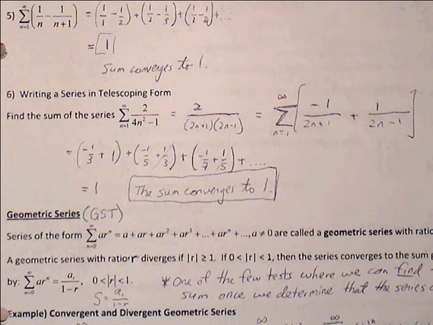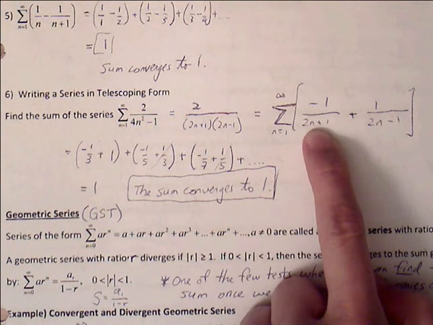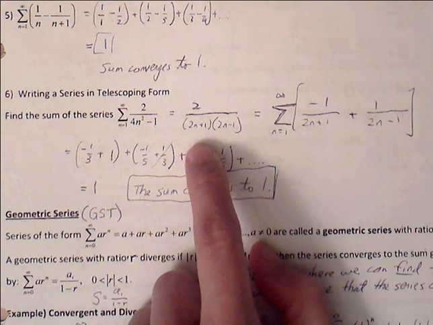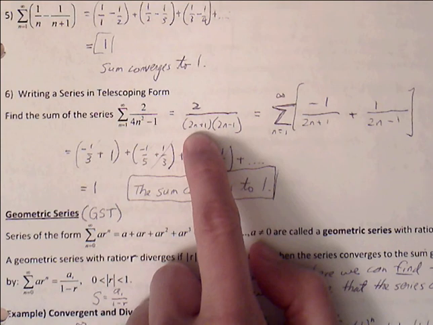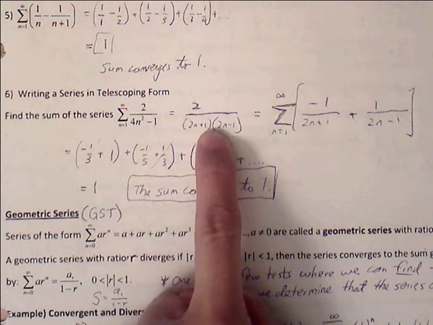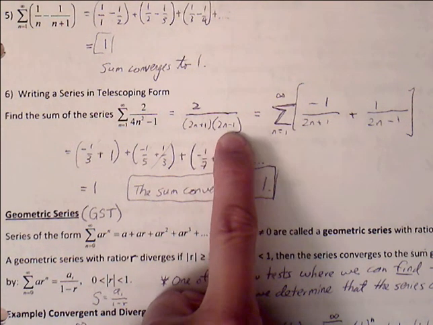The way that we can go about doing this is for 2n plus 1, we can decide what value will make 2n plus 1 zero, and the value that makes 2n plus 1 zero is negative 1 half. So then we're going to plug negative 1 half into our expression. If we cover up 2n plus 1 and then replace the remaining n value with negative 1 half, we're going to get 2 times negative 1 half, which is negative 1, minus 1, which is negative 2.